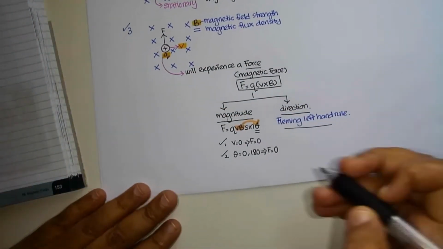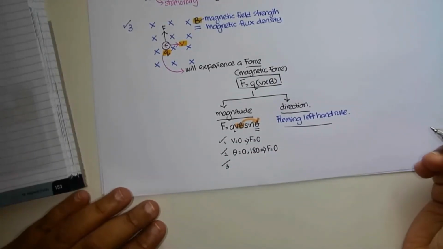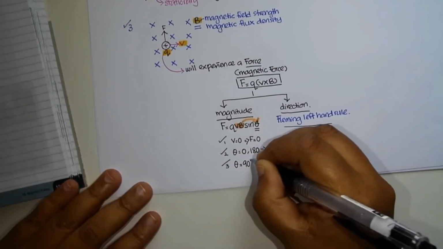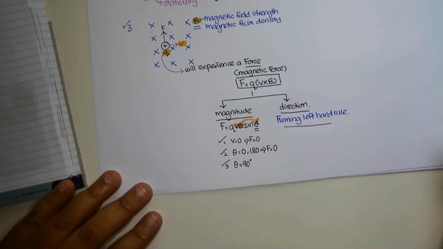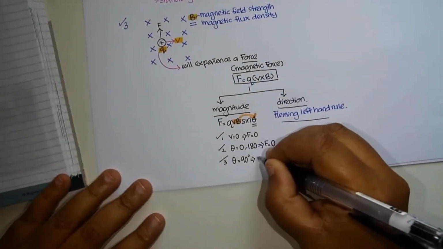Number 3, situation number 3. When theta is 90 degrees, what happens? F is maximum.